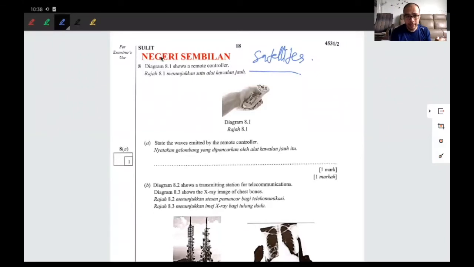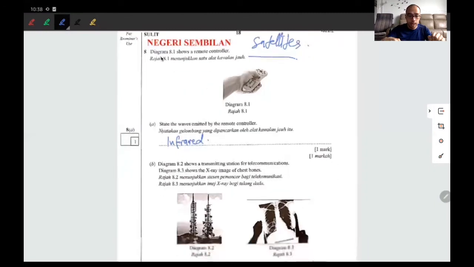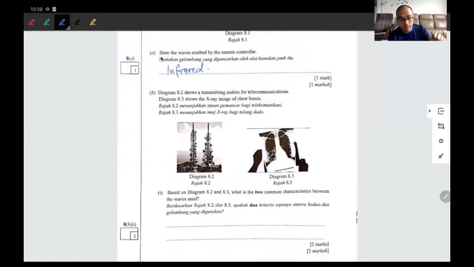Diagram 8.1 shows a remote controller. State the waves emitted by the remote controller. Remote control is infrared waves. Diagram 8.2 shows a transmitting station for telecommunications. 8.3 shows the X-ray.